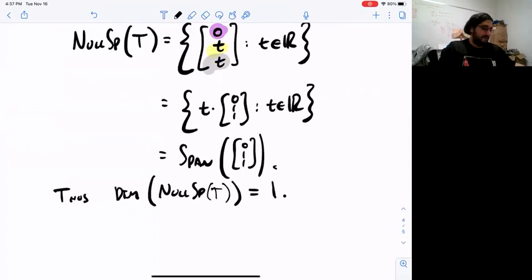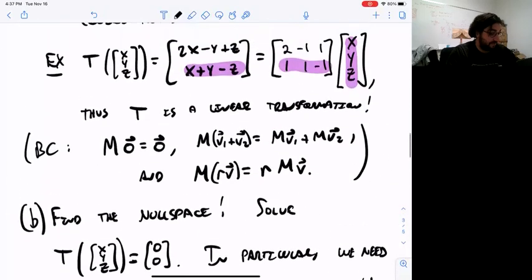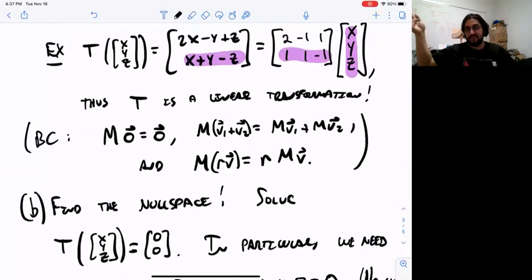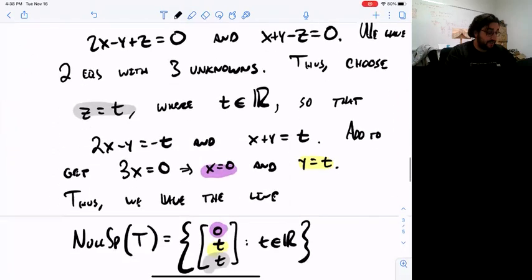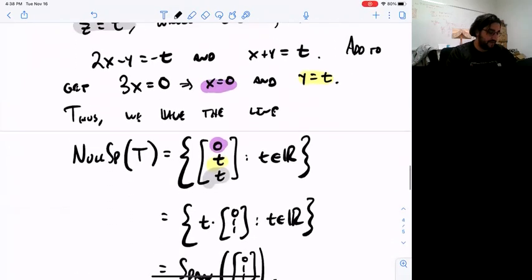Right. So I found this null space by just doing algebra, right? Just setting this equal to 0 and then solving for the x, y, and z. I noticed that it was an underdetermined system. So therefore I was able to pick a free variable for one of my coordinates, z, and solve for the others.